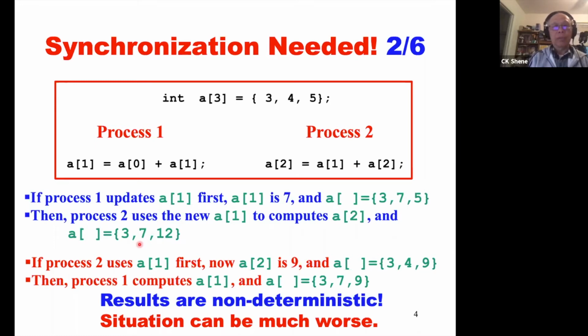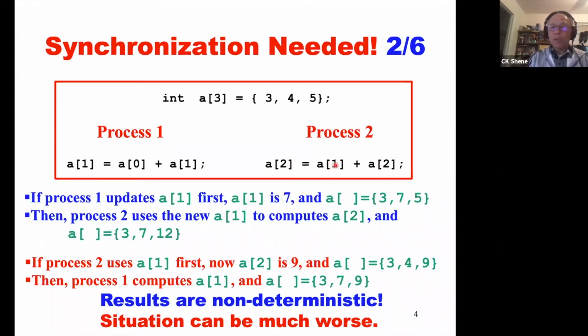Is this a correct value? Not entirely sure. What if process 2 starts first, followed by process 1? Process 2 would see A1 being 4 and A2 being 5, so 4 plus 5 is 9, which will be saved to A2.